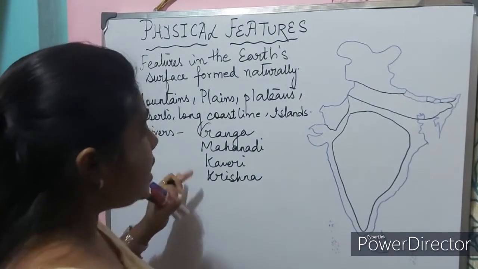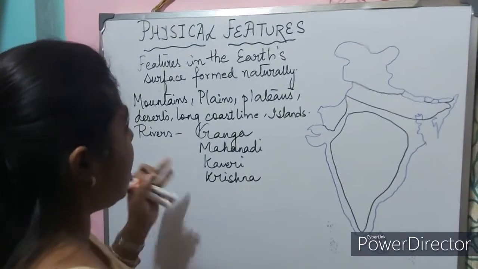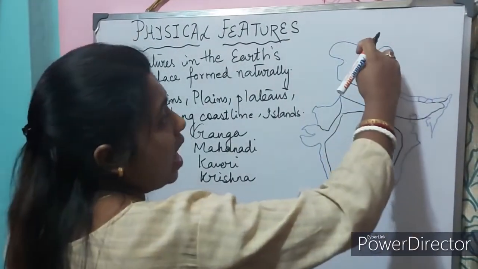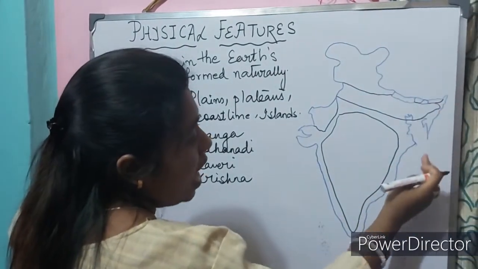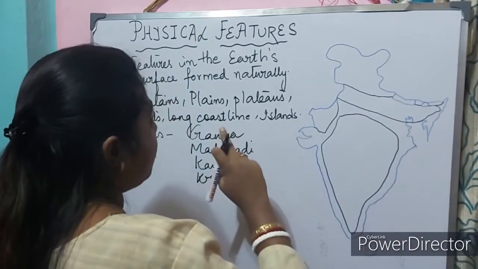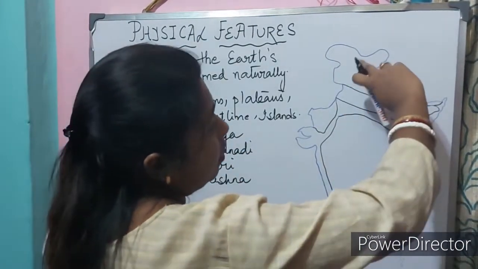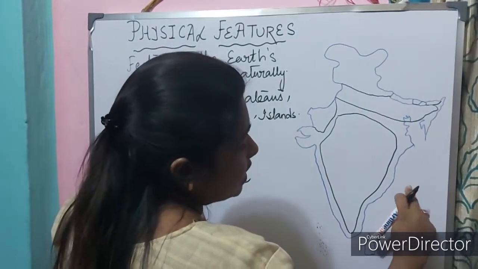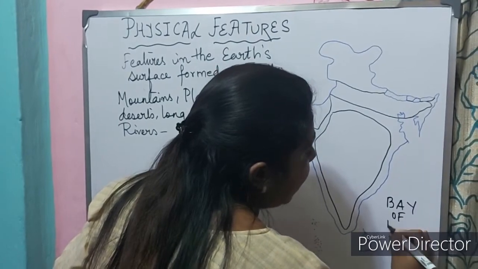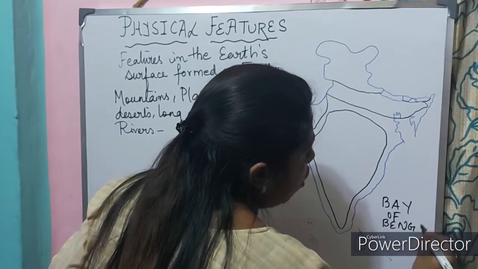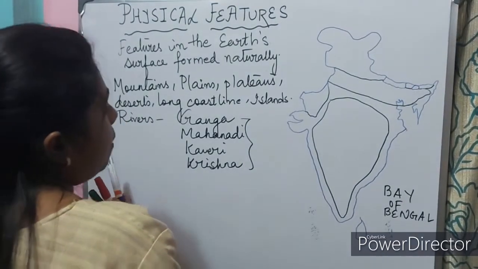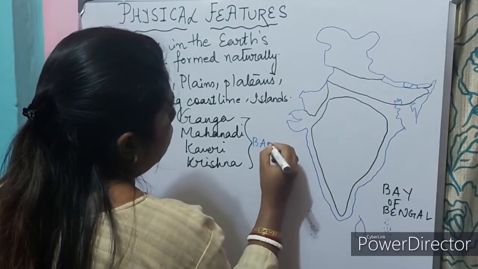Now, these rivers, Ganga, Mahanadi, Kaveri, Krishna, they drain. Drain means they start from a point and come and meet the sea. So the Ganga, Mahanadi, Kaveri, Krishna come and meet the sea, that is the Bay of Bengal. So we can say that they drain into the Bay of Bengal.